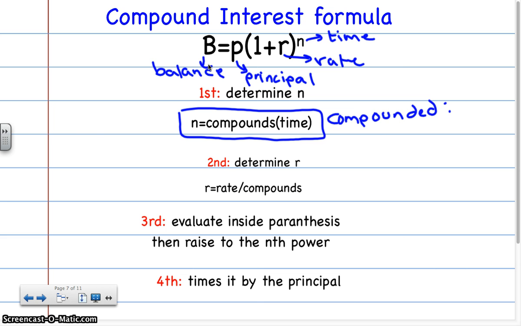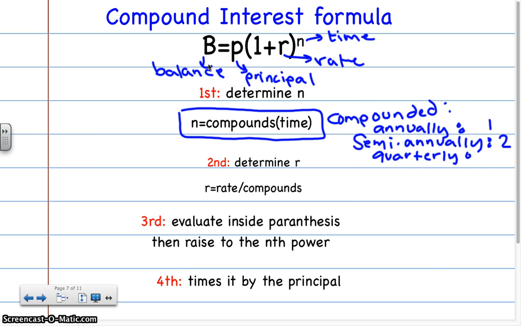You might have annually, semi-annually, or quarterly. Annually means 1, semi-annual means 2, and quarterly means 4. Very important to know that.